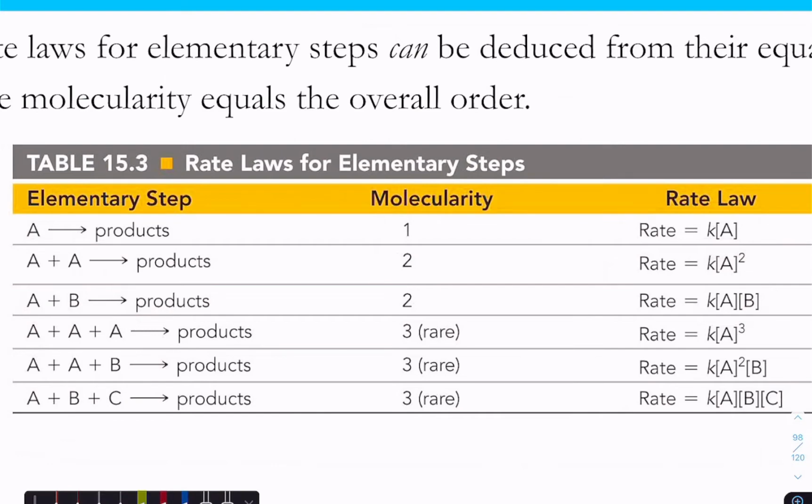There's a lot more combinations that are possible. But these termolecular steps are going to be rare. The rate laws for them follow the same pattern. If it takes 2 A's and 1 B, then it's going to be second order with respect to A, first order with respect to B. You just add them together.